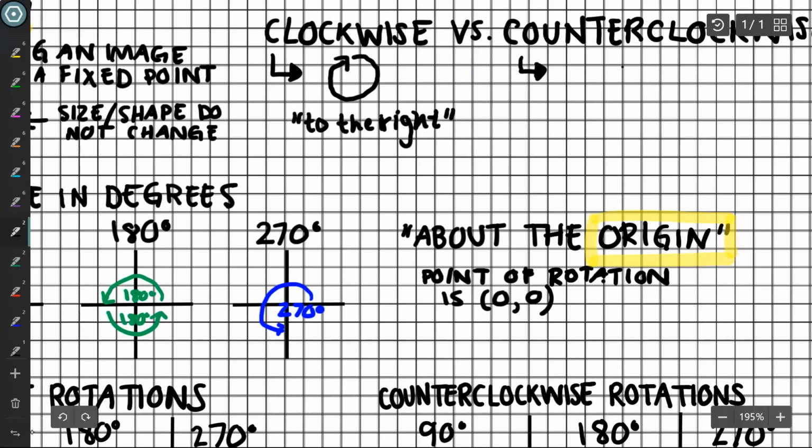Alright, so counterclockwise is the opposite of that. So if we're starting at 12 o'clock again, we're going to go in the opposite direction. So 9 to 6 to 3 back to 12. So it's kind of like to the left.